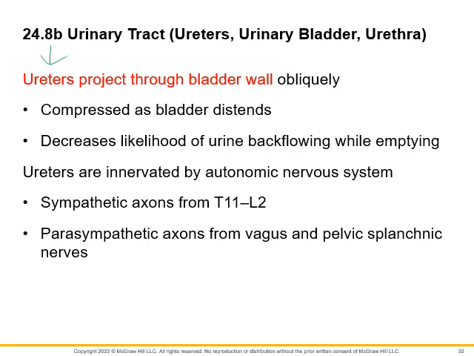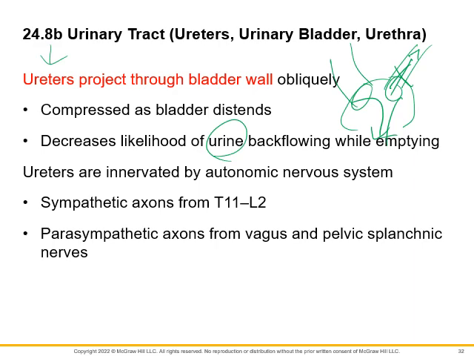So the ureters project through the bladder wall. They're at an angle, obliquely. Because of the way that they enter the bladder, they decrease backflow. While you're emptying urine, we do not want urine to backflow into the ureter or go back to the kidneys.